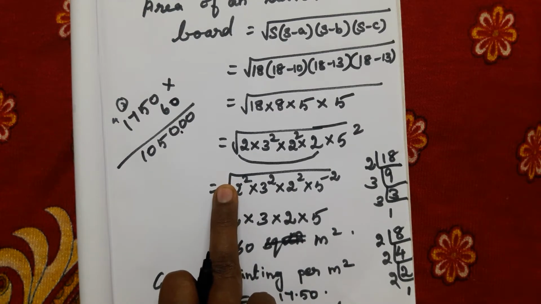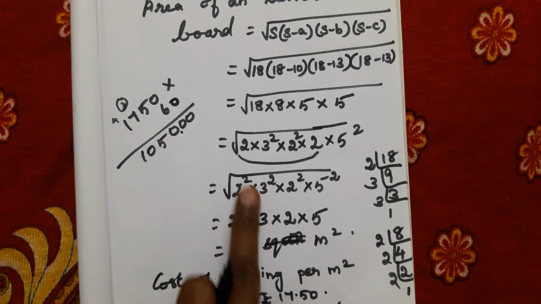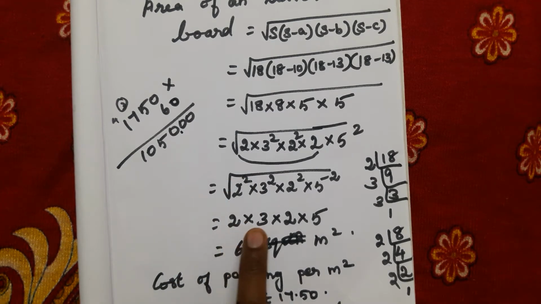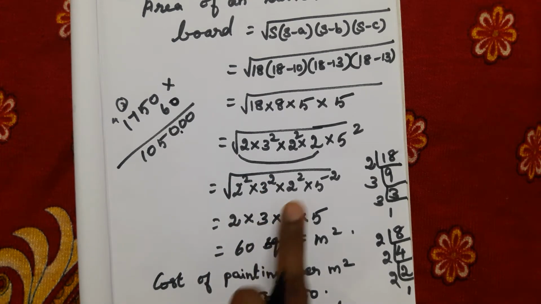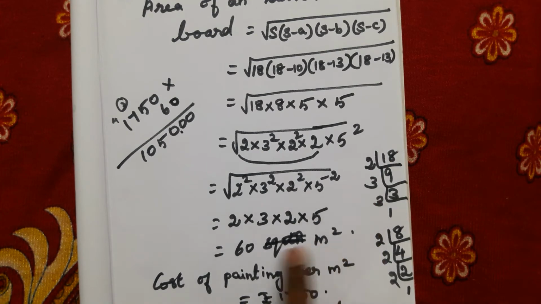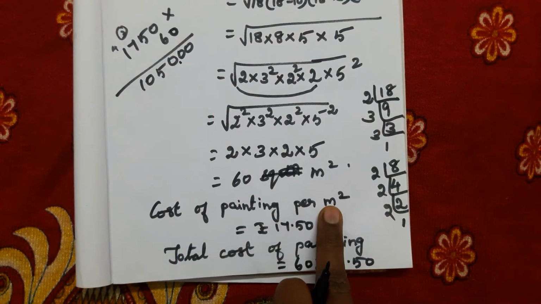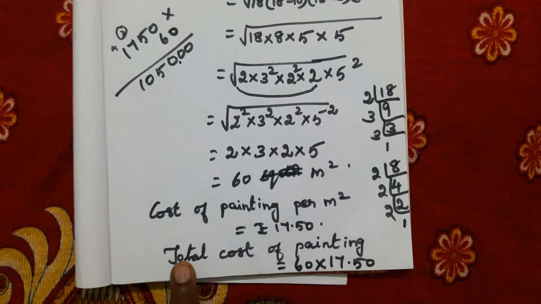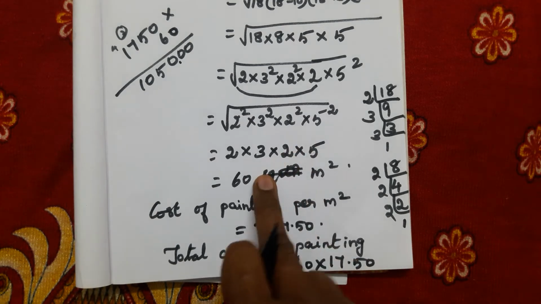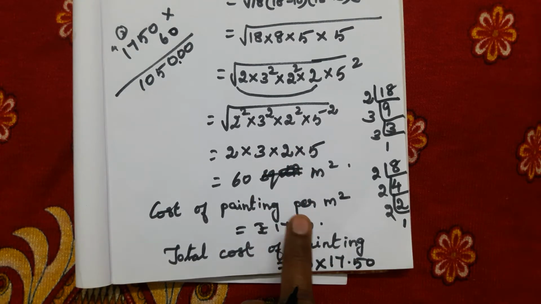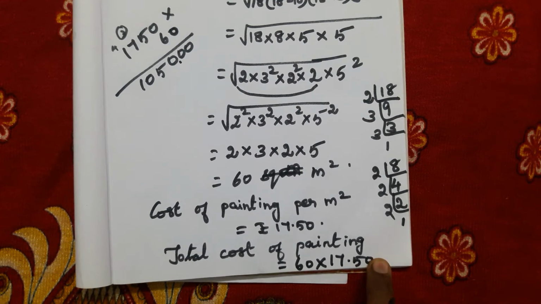So the square root of 2 square is equal to 2, into 3 into 2 into 5 is equal to 60 meter square. Next, the cost of painting per meter square is rupees 17.50. Total cost of painting means total area into cost of painting per meter square. So 60 into 17.50 is equal to rupees 1050, which is the answer.